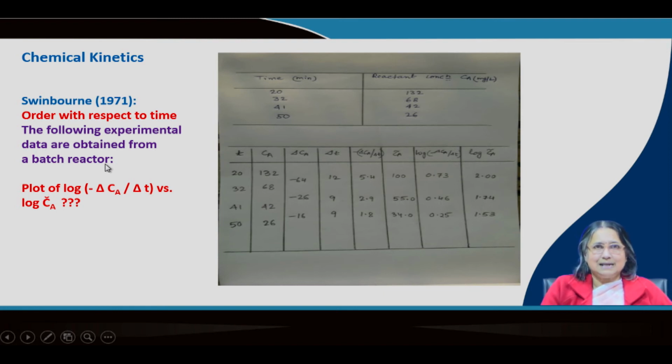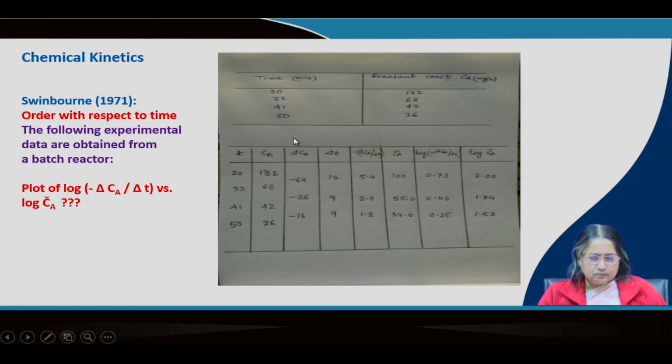This is the time in minutes: 20, 32, 41 and 50. At different times you take an aliquot and measure the concentration of the reactant, which you term Ca.